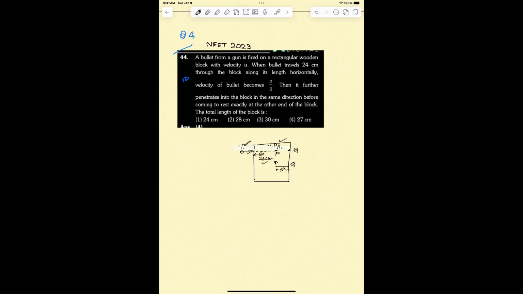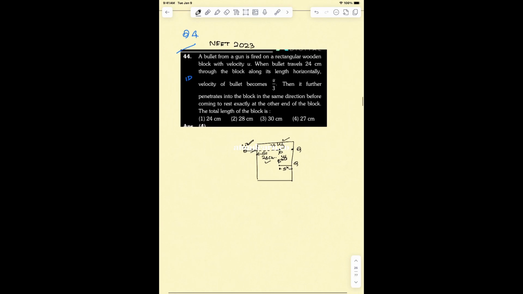It has an initial velocity at P of u by 3, which is already given, and at the end of the block it comes to rest. Therefore v equal to 0 is given data.